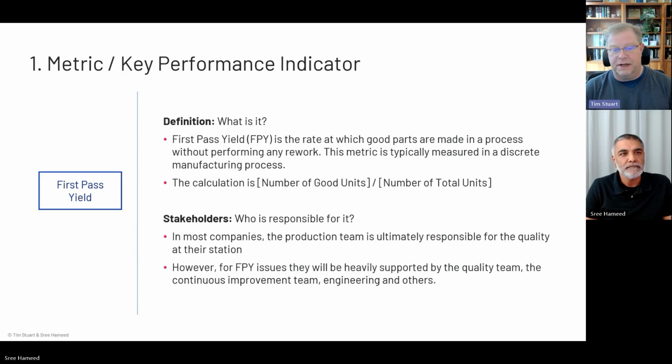If we look at who's responsible for it, in most companies, the production team is ultimately responsible for that, but they're going to get a lot of help from the quality team and the continuous improvement teams. And Tim, this is a very broad metric, and I should say it's easily in the top 5 metrics for manufacturing.